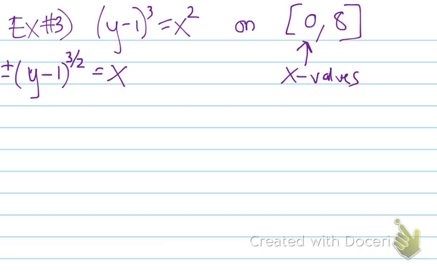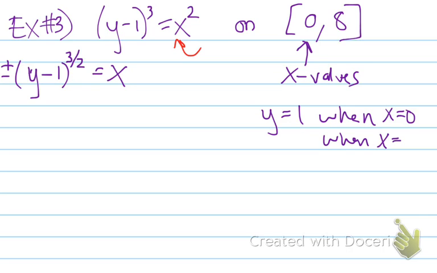If I plug in 0 here, I'm trying to solve for what y would equal. 0 squared is just 0, and if I take the cubed root of both sides, I still get 0, so I have y minus 1 equals 0, and if I add 1 over to the other side, I get that y equals 1. So y equals 1 when x equals 0.